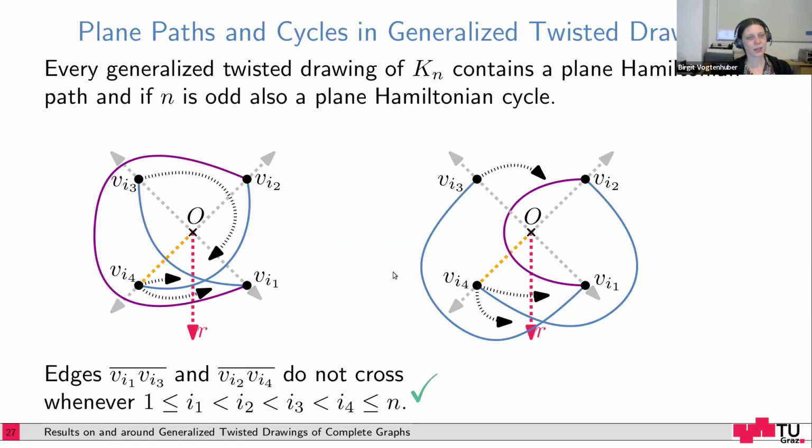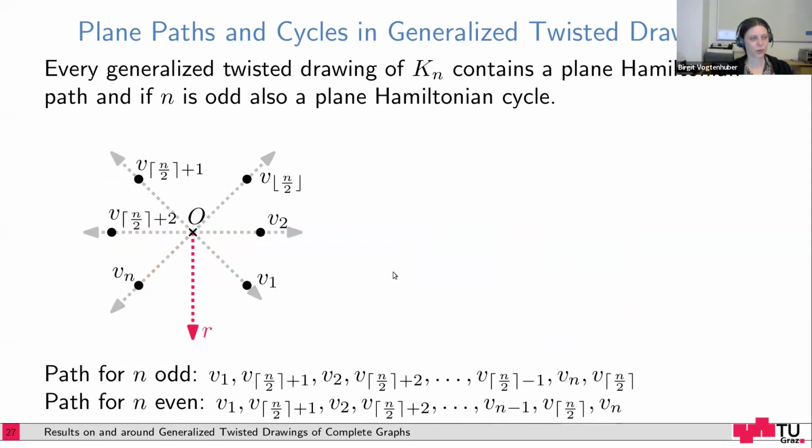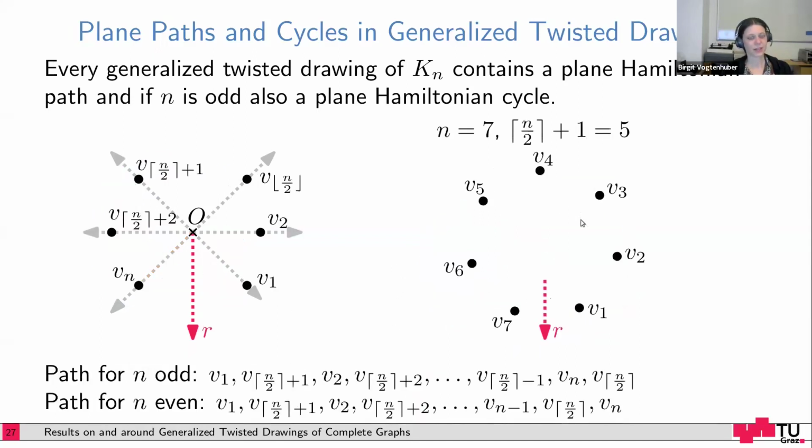And then by this property, we can say whenever we have edges that would cross in the convex geometric drawing, then those edges are pairwise non-crossing in a generalized twisted drawing with the same vertex order. So this star here that can be completed to a full star gives us a path for odd n and also a cycle.